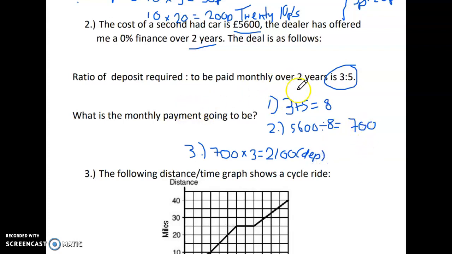And then what's left is going to be 700 times 5, which gives me 3,500. Then I'm paying that over 2 years, so 24 months, so divide that by 24. That'll give me my monthly cost, which is £145.83.